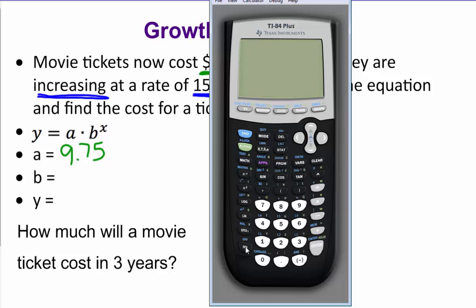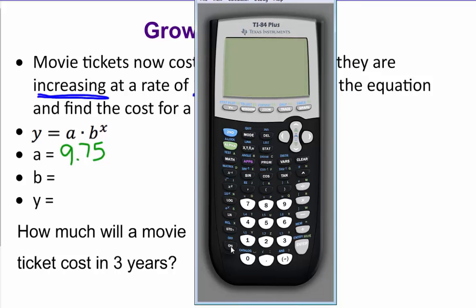We are going to do 15 divided by 100, and that's going to give us our decimal, 0.15, and we are going to add that to 1. So 1.15, that is our b value.